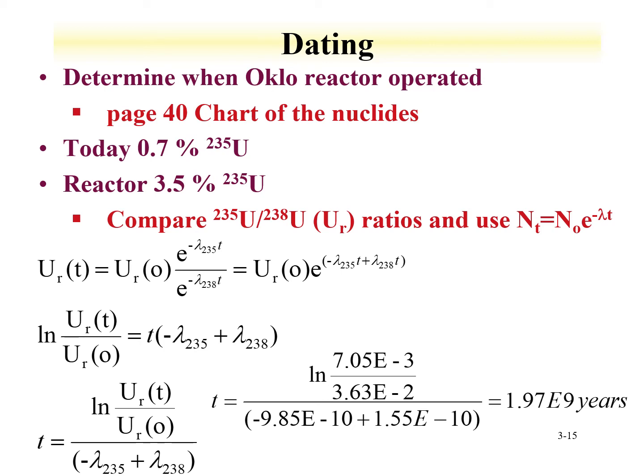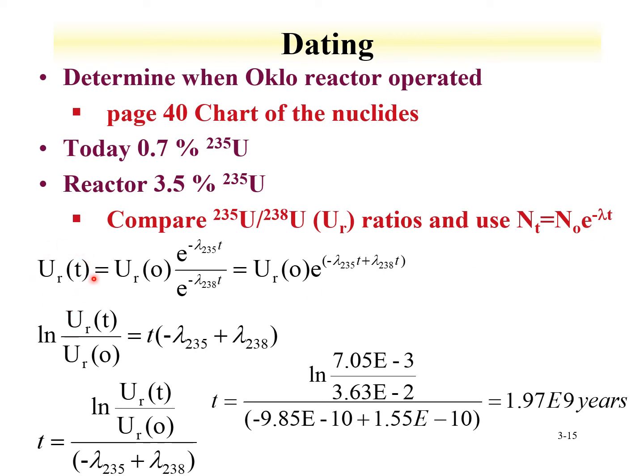So let's compare the 235 to 238, and we'll call it this uranium ratio, and use our regular decay equation. So we need to just set up the ratios. So the ratio of uranium today is equal to the initial ratio times, we have to take the decay constants for the 235 and the 238, since we're using a ratio of 235 and 238.